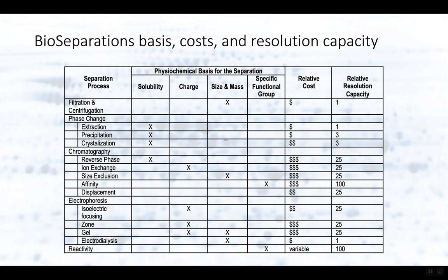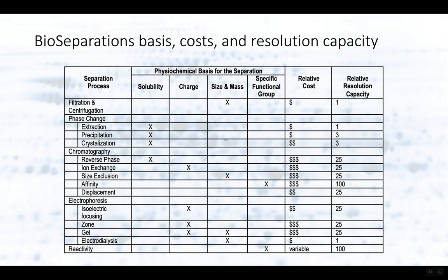Now, you can't really separate components that way, but that's a good finishing process because you can exchange buffers. So you can eliminate things that you don't want in your product while retaining a large molecule that you do want. It's inherently a size-based separation.